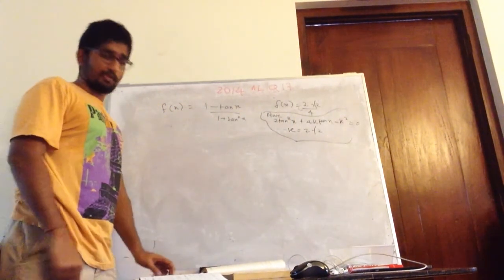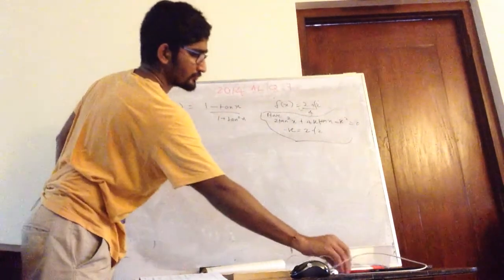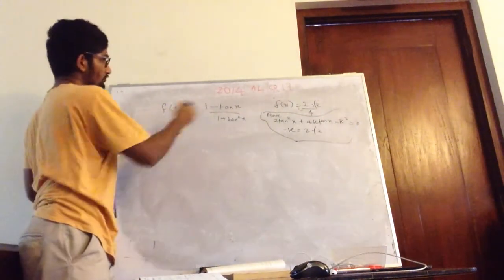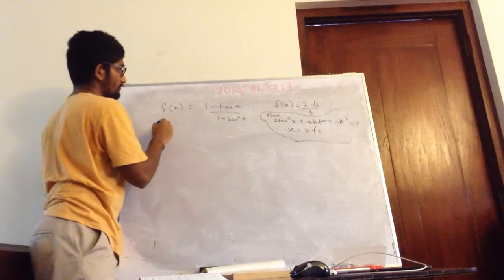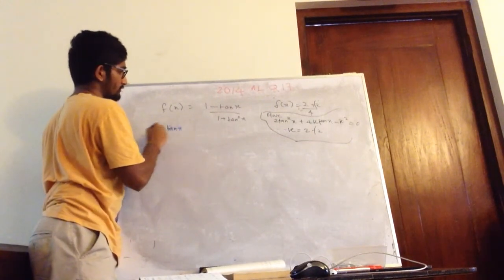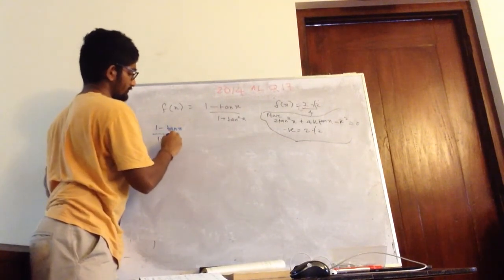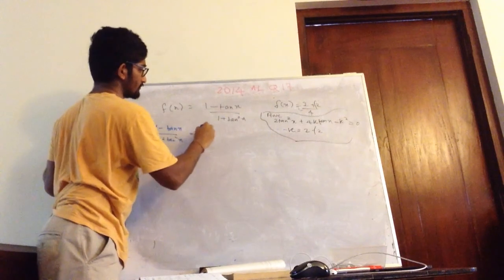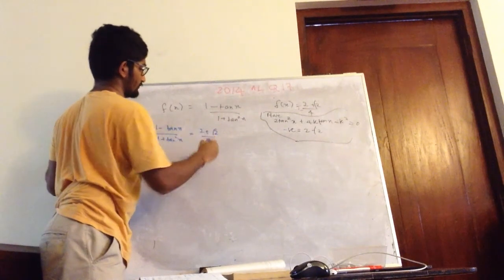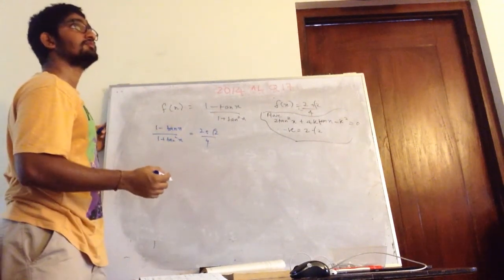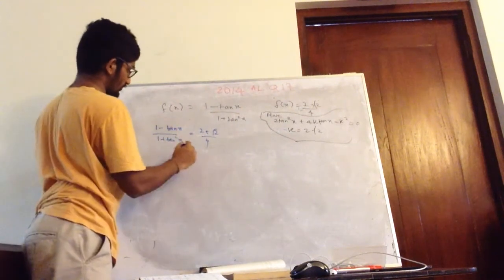Right now. So now I'm going to equate these two now. Right, so I'm going to cross multiply.